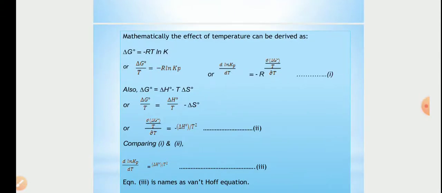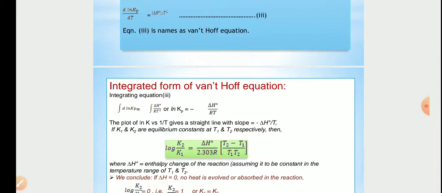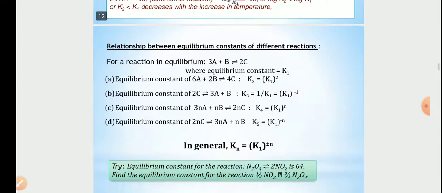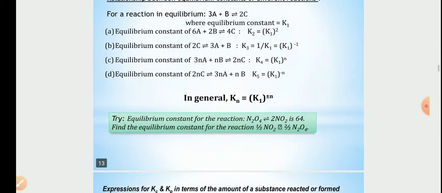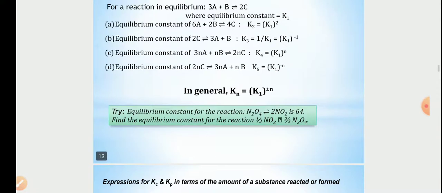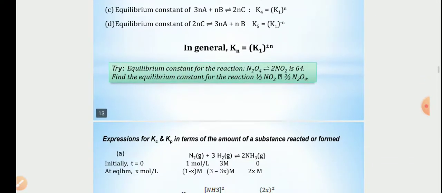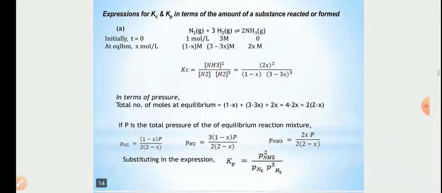Here the Gibbs free energy will be changed, but these complicated things are not in your syllabus, so I am not going through this. And here are the different equilibrium constants for different types of reactions. So you just go through it and you will get an idea about this.